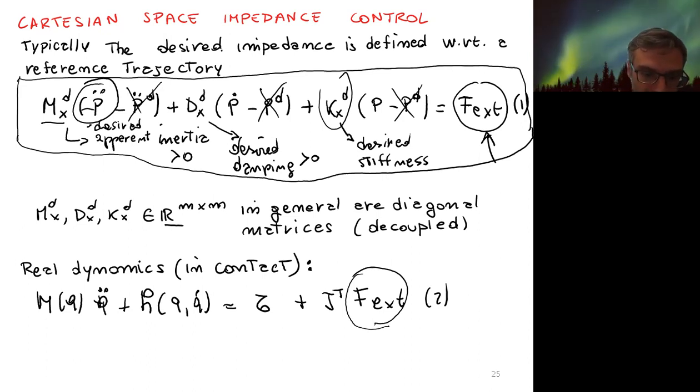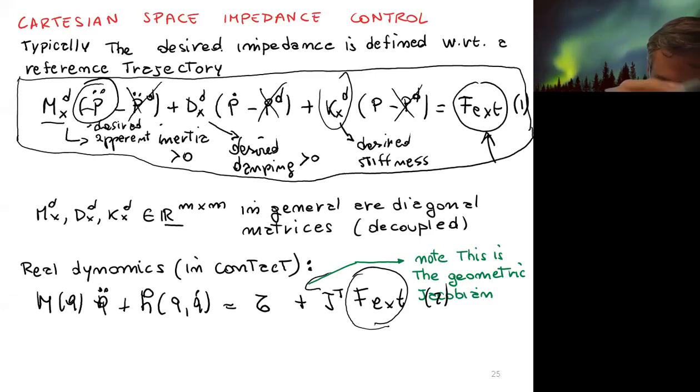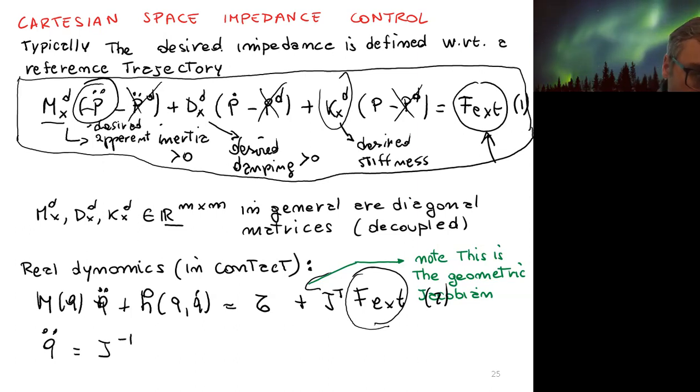And if we now, sorry, this is the geometric Jacobian. And if we do the second derivative of the forward kinematics, remember we can link the joint acceleration to the end effector acceleration minus J dot q dot.